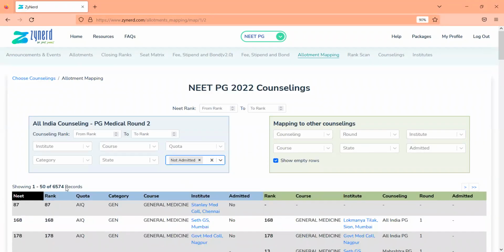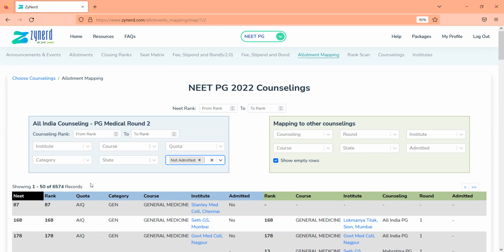Very clear, 6,574 seats. Now, whether the candidates will also come to mop-up in addition to taking the seat, because this time many candidates might have taken an option to come into mop-up, and if those candidates are coming into mop-up since they did not get a state round 2 seat, that might result in additional competition.